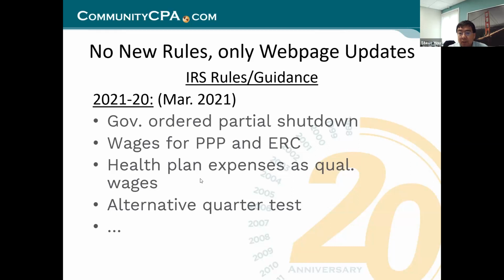And also it further clarified how to apply the so-called alternative quarter test. So basically, to determine eligibility for one quarter, you can actually use the preceding quarter's sales to determine, let's say, a sales drop to determine eligibility. Right, so that's the first important IRS publication.